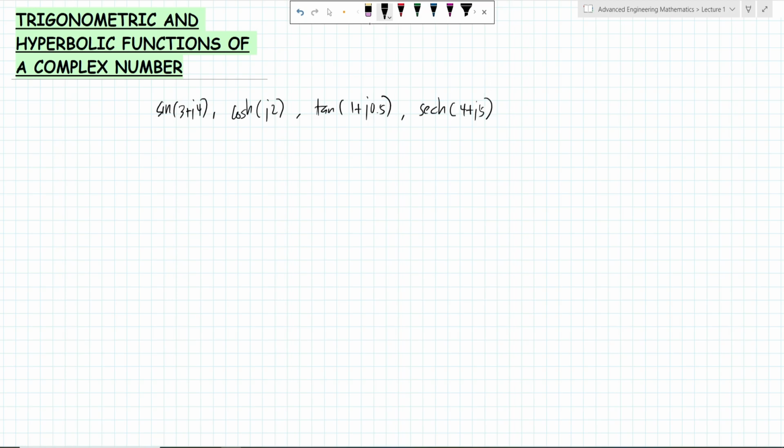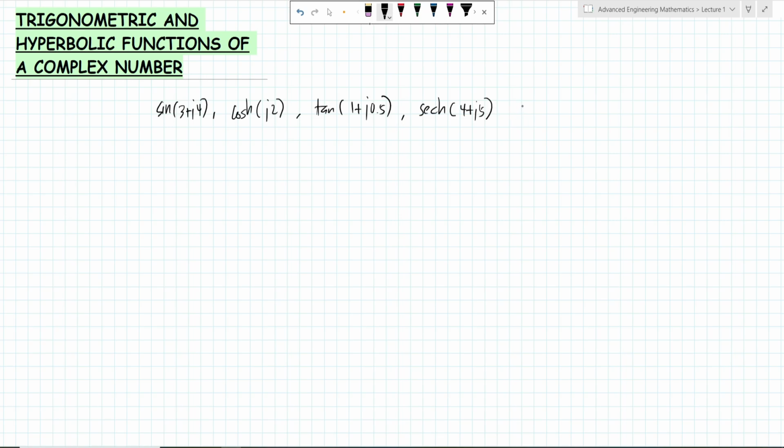In this type of problem, we don't have a direct method to compute or evaluate such expressions. What we need here is how to simplify or rewrite these kinds of expressions.